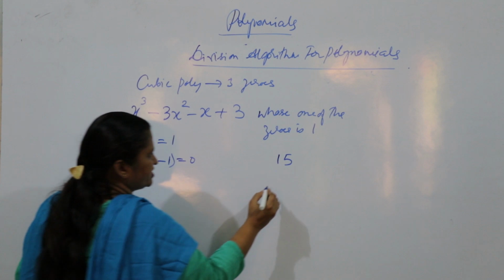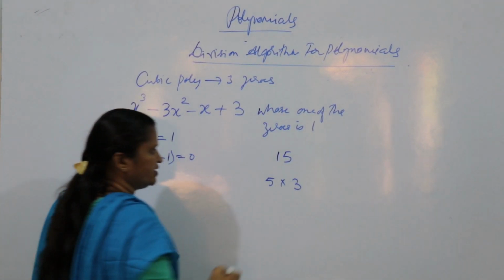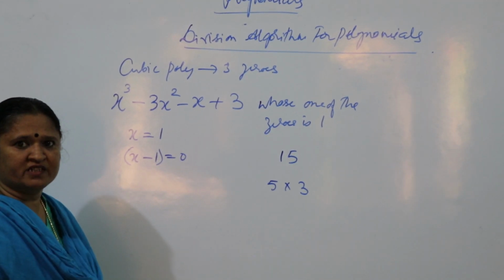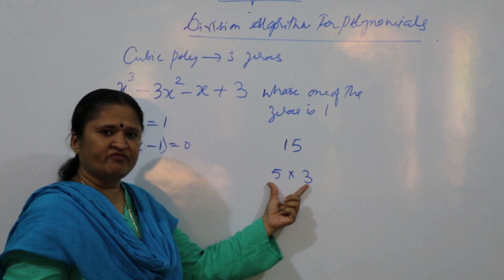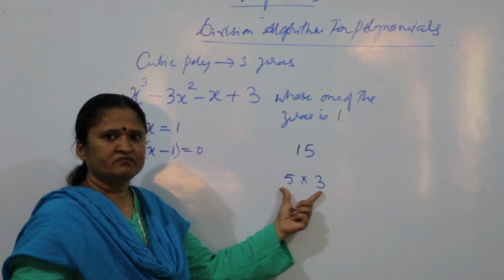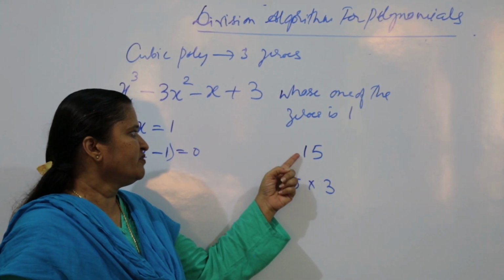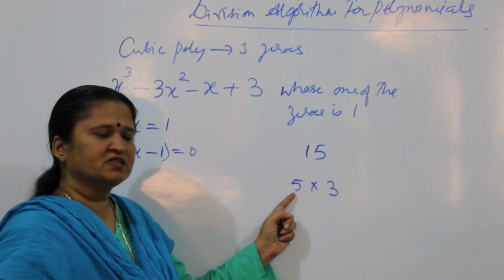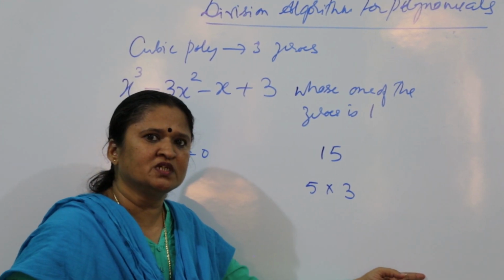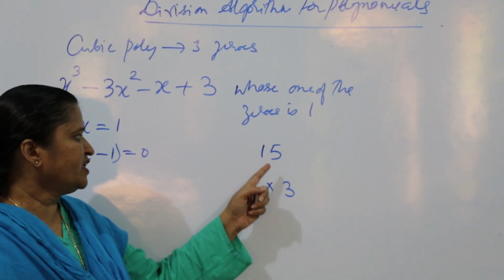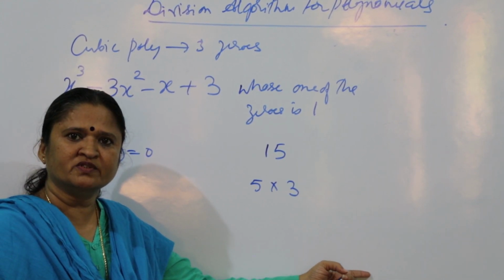What are the factors? 5 and 3 are the factors. When I say factor, it means 15 can be divided by this and the remainder becomes 0. If 15 is divided by 3 also, the remainder becomes 0 in a long division method.